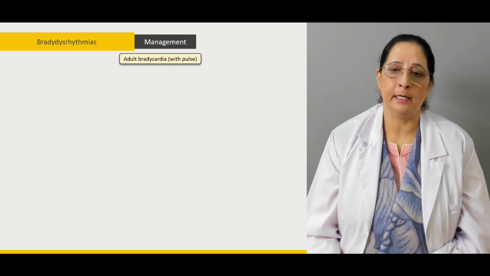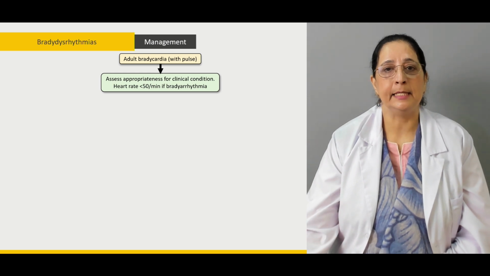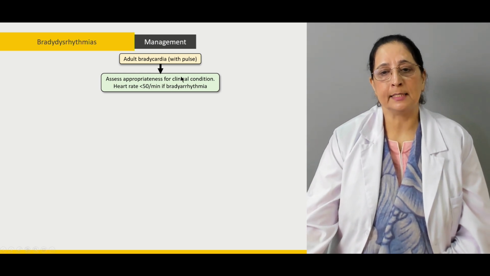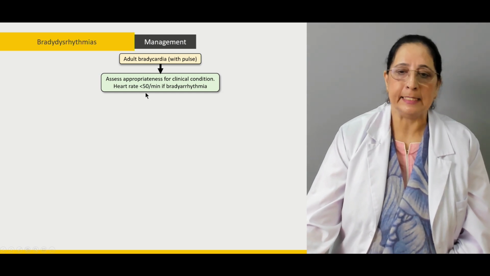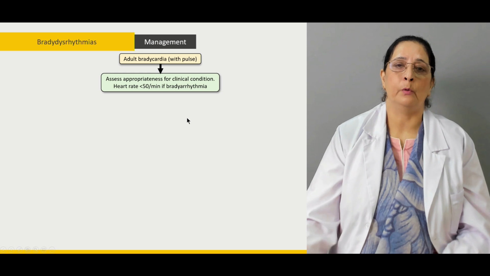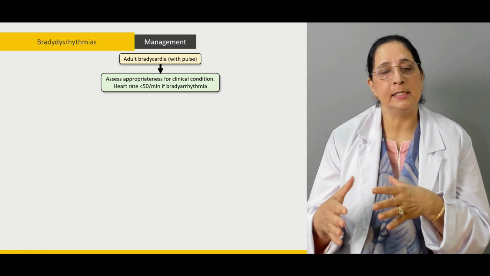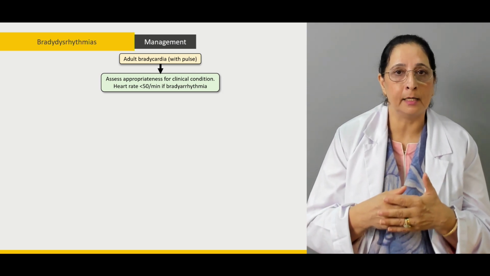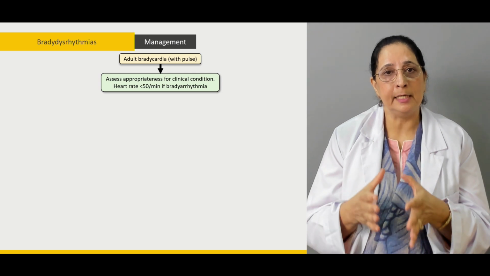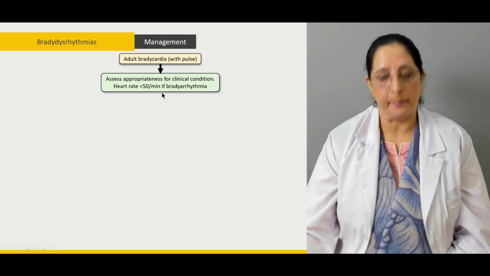So adult bradycardia with pulse, we have assessed the appropriateness for clinical condition if the heart rate is less than 50 per minute. So I mentioned that the normal range is 60 to 90. Anything below 60 will be labeled as bradycardia. In this, the pulse is very slow. It's even less than 50. So less than 50 per minute.